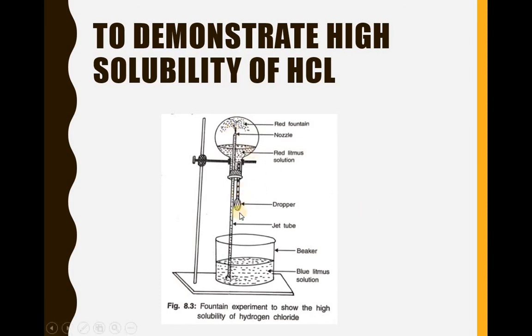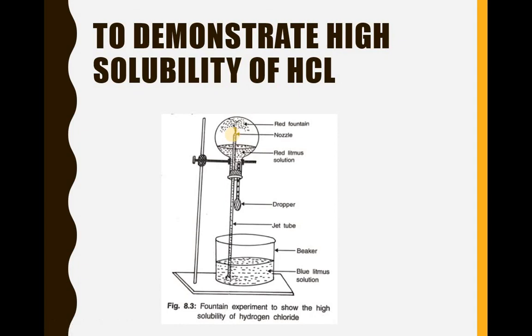And through the other hole, you pass a dropper with a few drops of water. Put the jet tube in the beaker containing blue litmus solution. Now press the dropper. It will be seen that the blue litmus solution enters the jet tube with great force, entering through this nozzle, forming a red colored fountain.